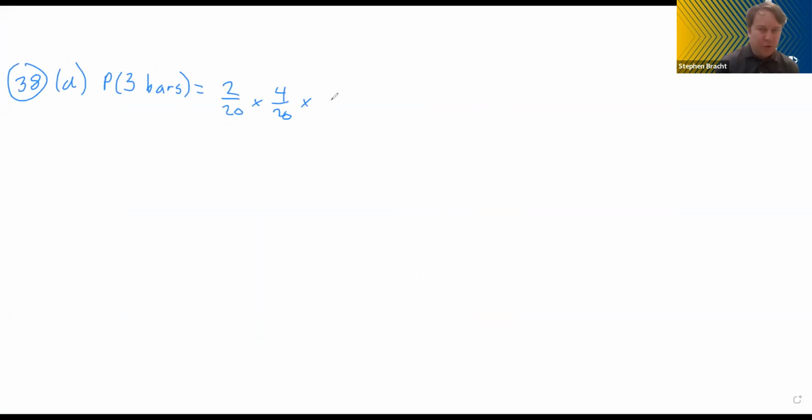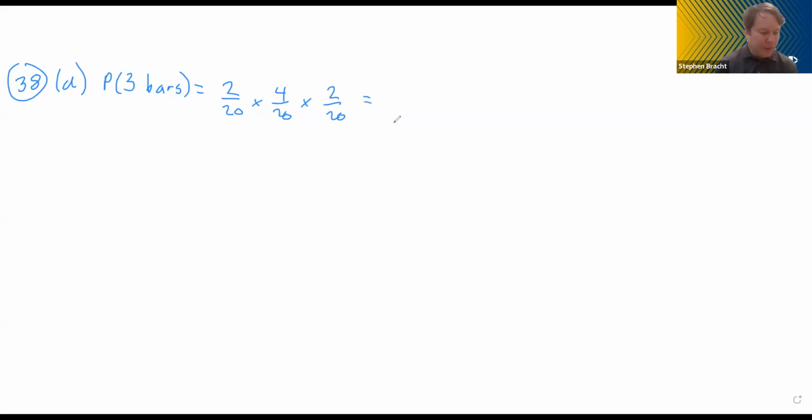Okay. This is problem 38. The probability of 3 bars is equal to the probability of getting a bar on the first wheel, which we said was 2/20, times the probability of getting a bar on the second wheel, which was 4/20, times the probability of getting a bar on the third wheel, which is 2/20.